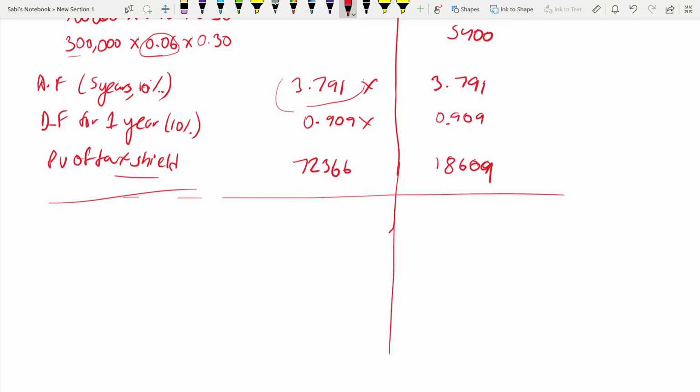Okay, present value of the cheap loan. But before that, let me show you a table. This will make your work easier. I am adding one more year because tax is delayed 1 year, starting with 0, 1, 2, 3, 4. So here, annuity, present value of interest saved, and deferred annuity.